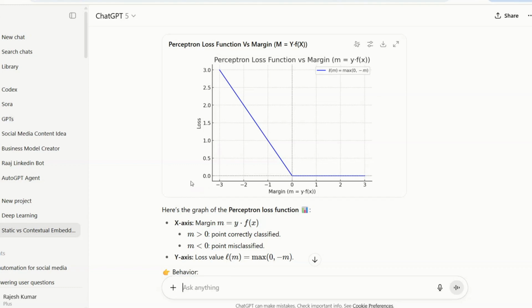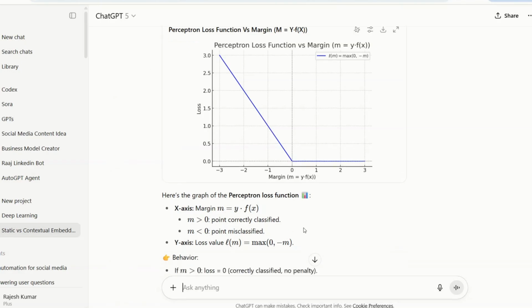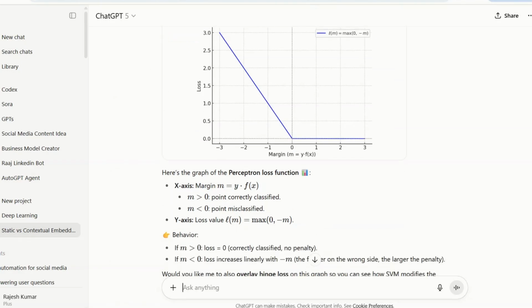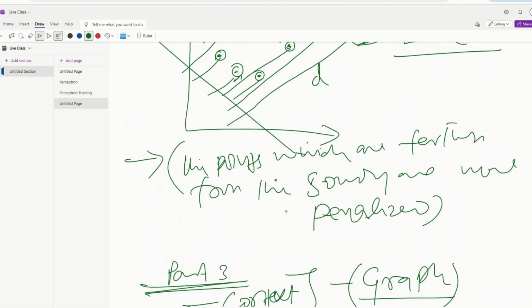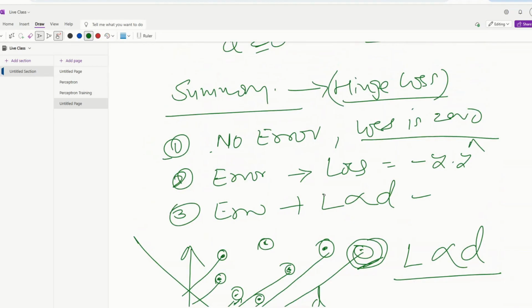The more you go away, -4, -5, -6, the height will be increasing. So it establishes the concept that your loss is proportional to distance. The farther you go, the hinge loss function penalizes you more. That's what I learned here.